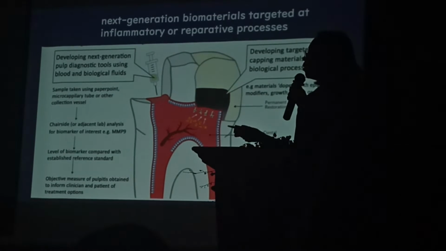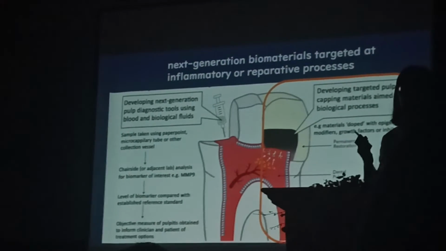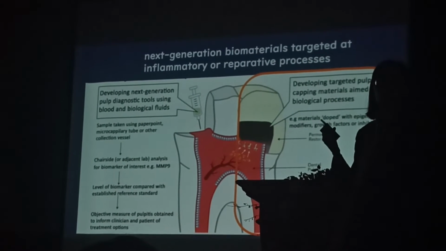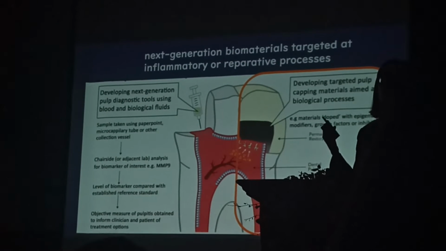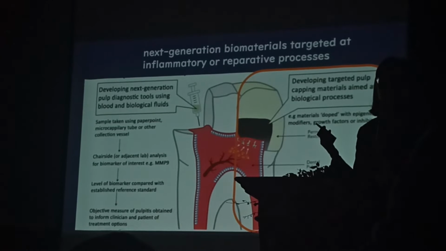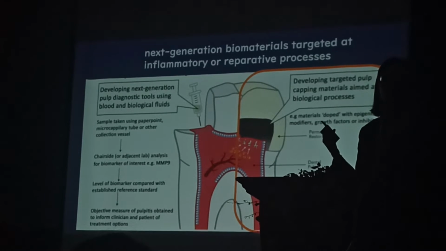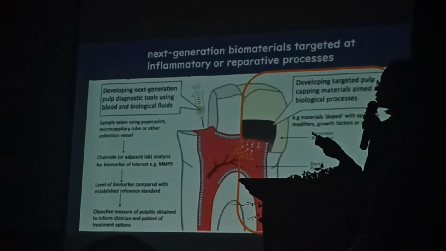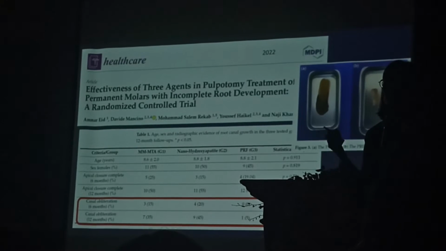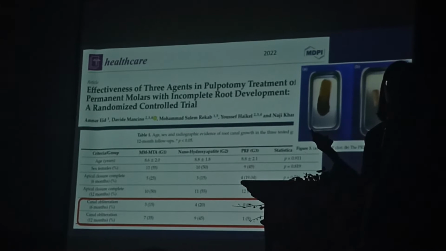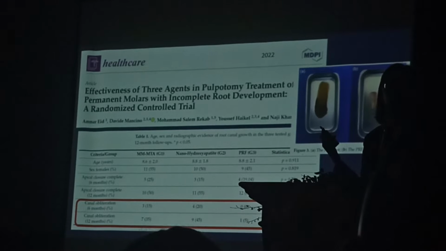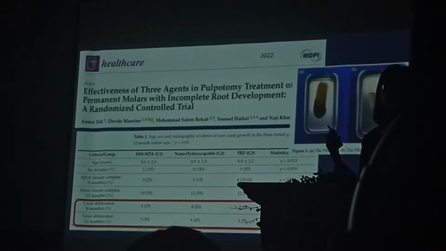Okay. So hopefully in the future, instead of put something that going to stimulate the release of growth factors, why don't we just put growth factors in the pulp, or put something more specifically that going to produce the regeneration? Okay, so that's been ongoing research about this. Somebody already used this, the platelet-rich fibrin, platelet rich plasma.